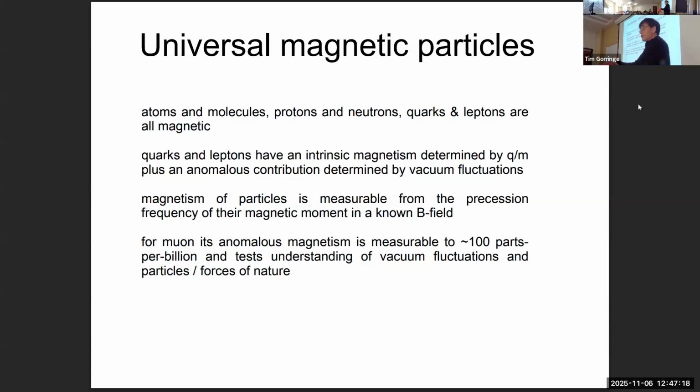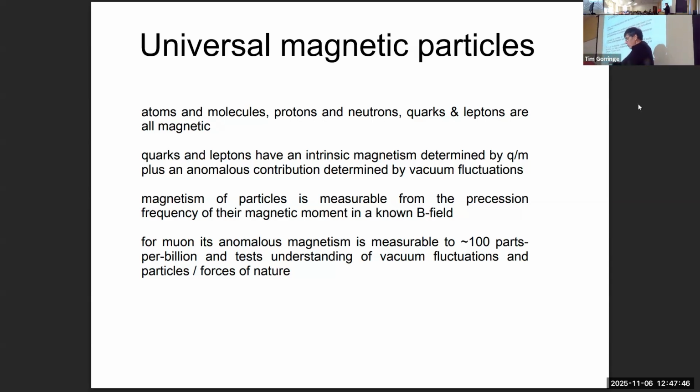You can look for evidence of other particles beyond what we know there are. So the muon's anomalous magnetic moment is an important test of the standard model, an important test of vacuum fluctuations, and an important constraint on particles beyond the standard model, particles that we don't yet know.